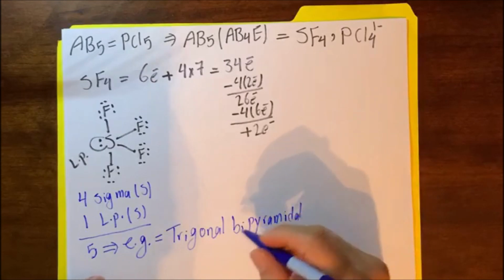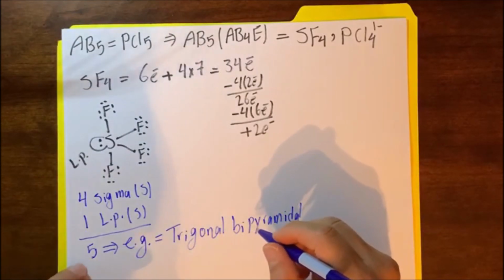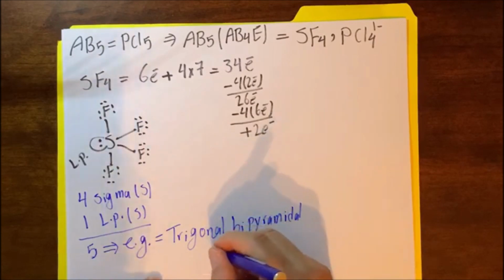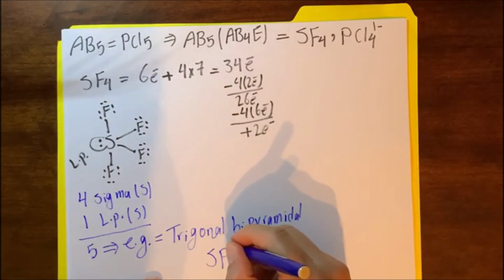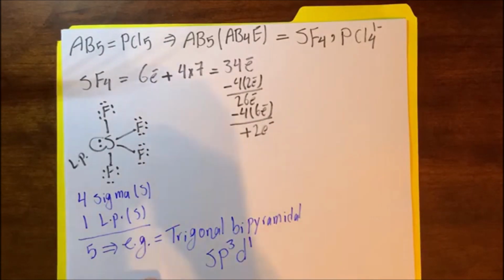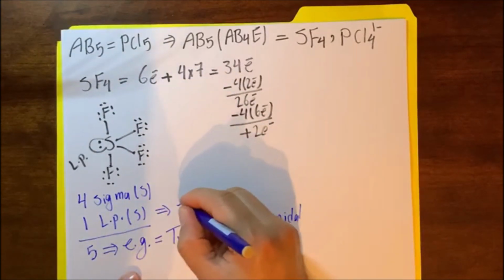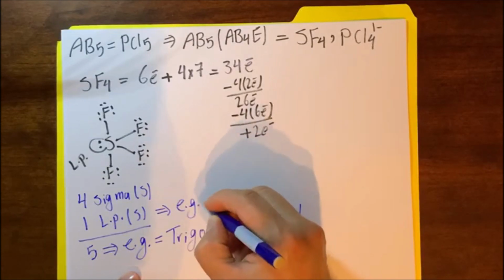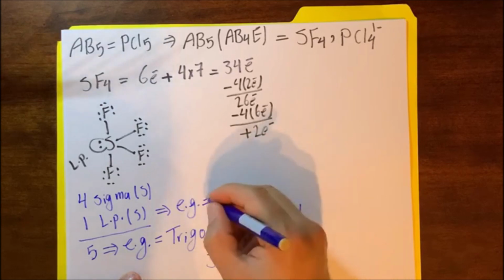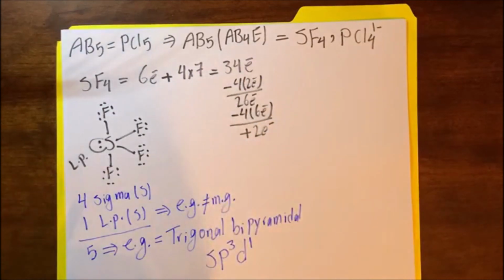And the hybridization, because we have 5 pairs of electrons, is going to be sp3d1. Electron geometry is not going to be equal to the molecular geometry.